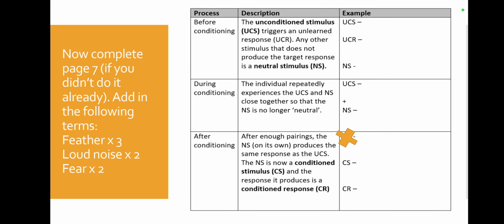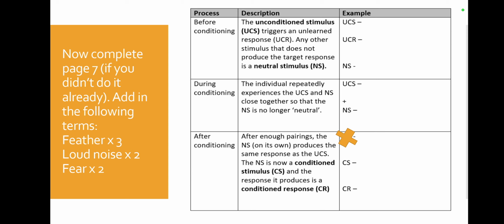So we're going to go ahead now and fill this into your booklet. Some of you, I think, had managed to already do this example on Friday, but if you were struggling, which several of you were, then you obviously need to use this example now so that you've got something on page 7. So I'd like you to go ahead and utilise the terms at the bottom. So we've got feather used 3 times.